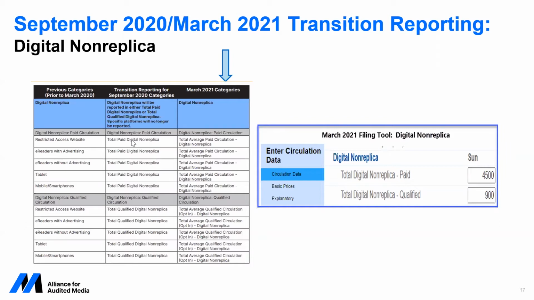It's no longer broken out by platform. Same thing with qualified. If you have any qualified digital non-replica, it gets reported into total qualified opt-in digital non-replica. So when you go in the filing tool, this is what it's going to look like. You have digital non-replica, and you have 2 choices: total digital non-replica paid and total digital non-replica qualified.